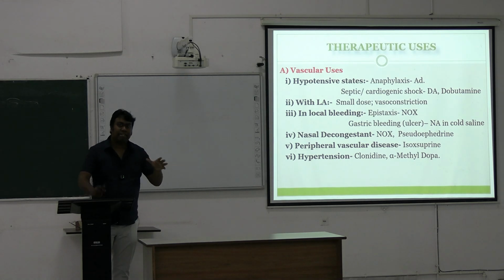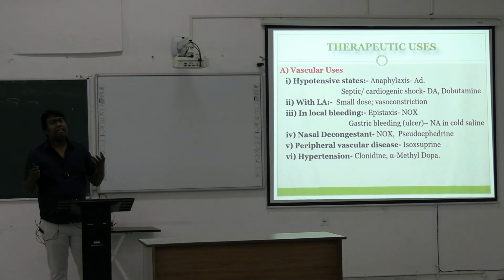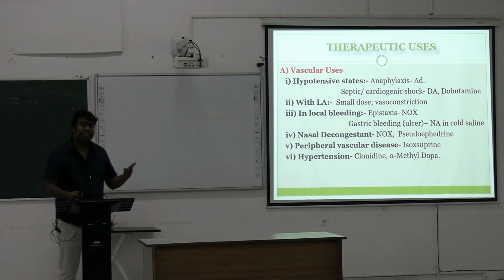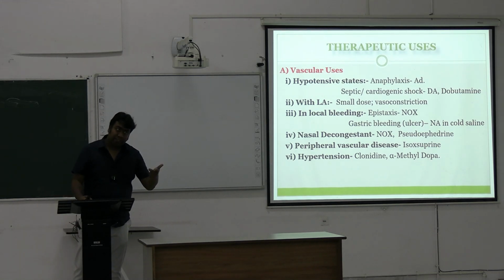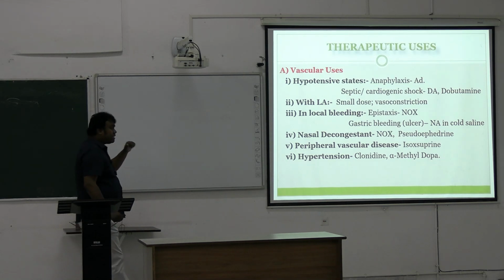Beta 2 action will relax the tracheobronchial smooth muscle, whereas alpha 1 action will reduce the mucosal edema. Clear? Cardiogenic shock drug of choice is dobutamine, dopamine. In case of anaphylactic shock, drug of choice is adrenaline. Clear? Third one is septic shock.